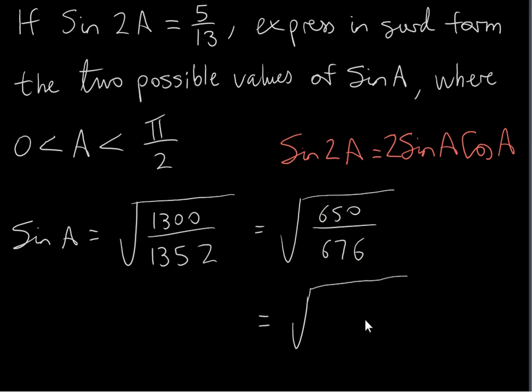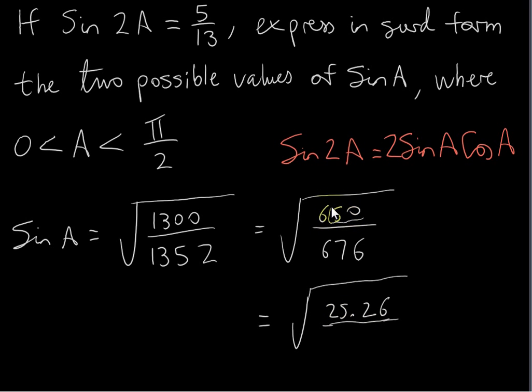Anyway, if I break it down here, 650 is 25 times 26. So one of the factors of 650 is a square, 25. If it ends in a 50, 25 is a factor.